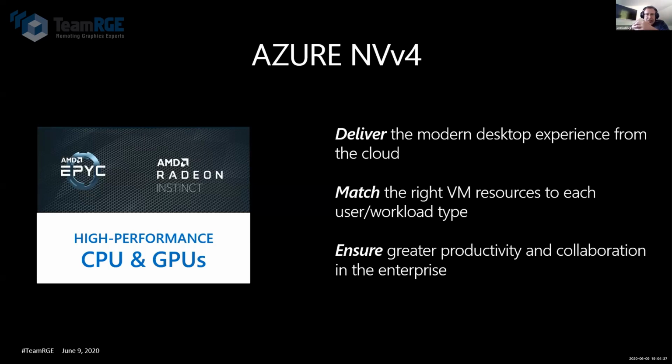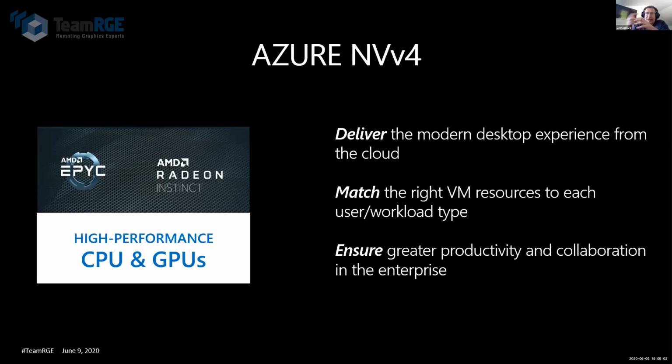There are even instances across both Azure and AWS where you could get multiple GPUs. We haven't played in that space. Instead we took an approach where the key was to match the right VM resources to each particular user workload type. We've done a lot of testing behind that, and we've had others jump in and do a lot of testing around what we can do there.